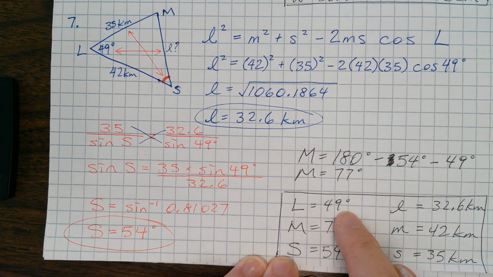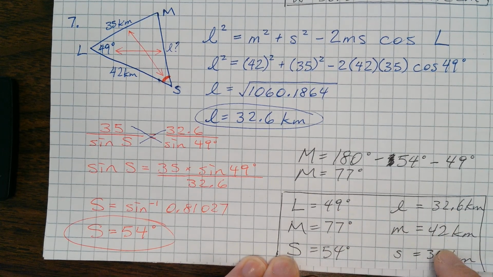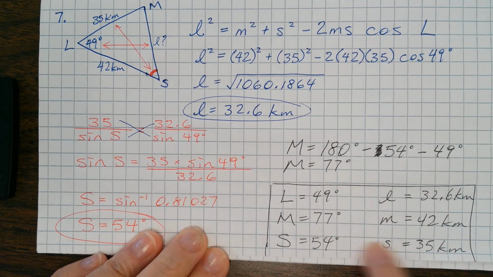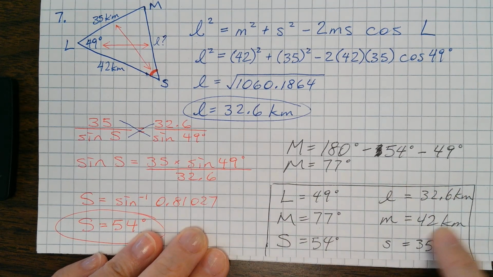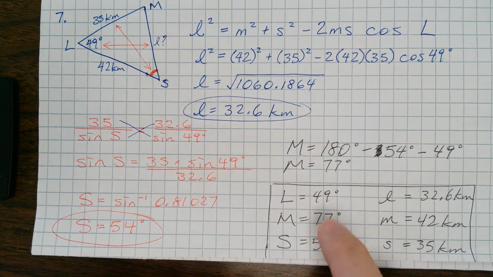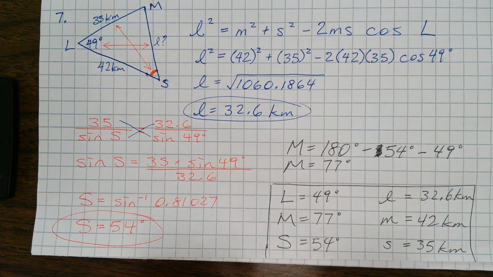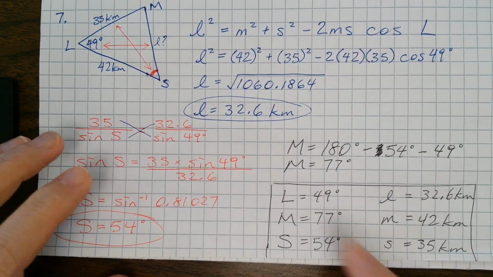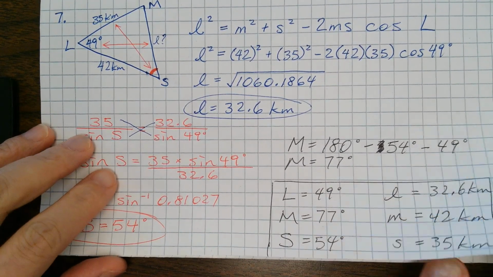Summary chart, okay, 3 angles with the degree symbol, 3 side lengths with my unit, kilometers, meters, centimeters, and so forth. This, I think, is really important. It makes sure you didn't miss finding one of the angles, you didn't miss a unit. Okay, so I think this is just a good verification method.